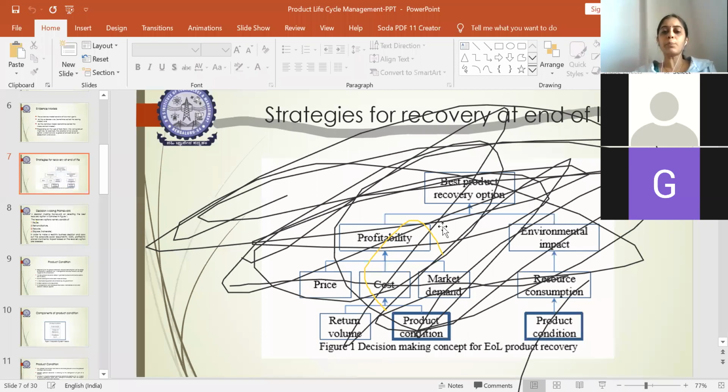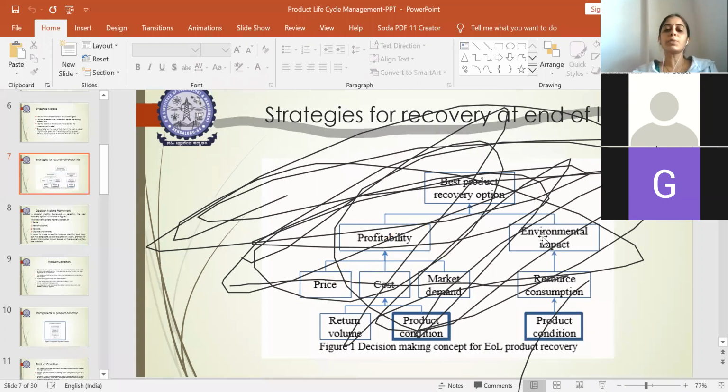So if the current product is profitable and it is also eco-friendly, then it is best suitable for recovery. If sometimes the product is profitable to a huge extent and it is not eco-friendly, then the product will not be suitable for recovering. Please see that both conditions have to be satisfied.